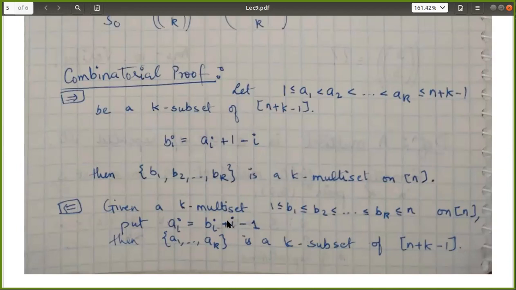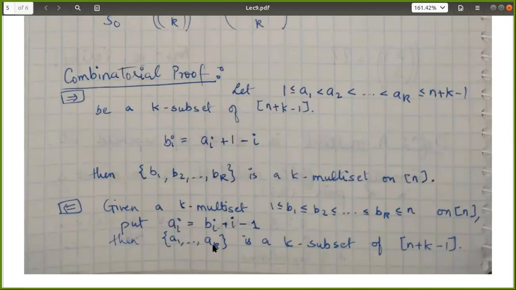Now, this number actually is unique for every I. Because even if two BI and BJ were the same, the additional factor I minus 1 and the other one would be J minus 1, that would make AI and AJ different. Okay.